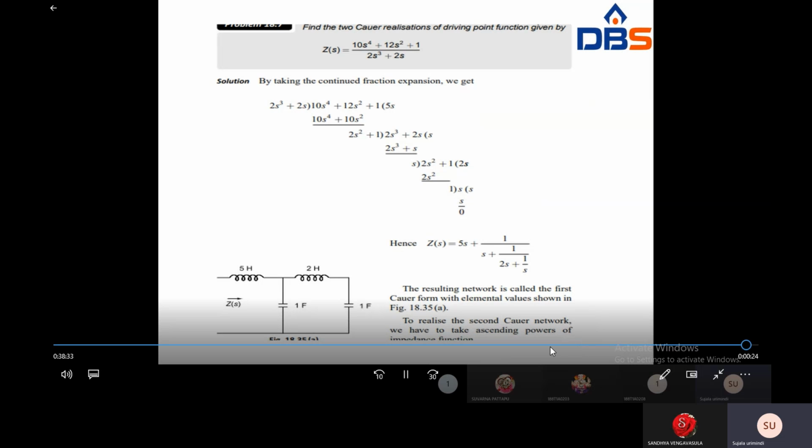Like that you have to synthesize RC impedance, RL impedance, RC admittance, RL admittance, and LC impedance functions. LC impedance function means both impedance and admittance functions.